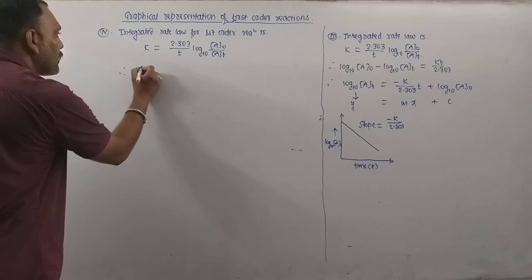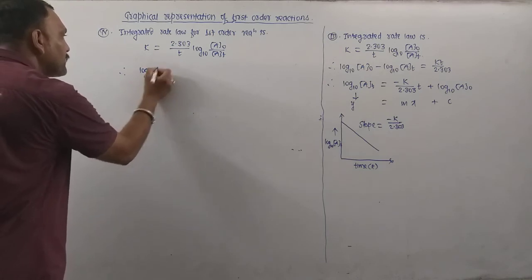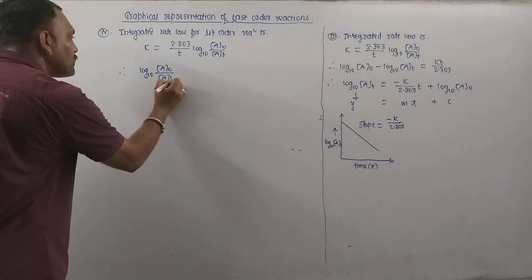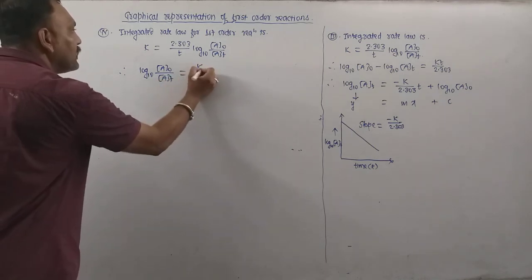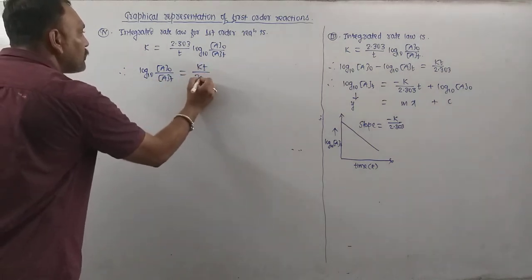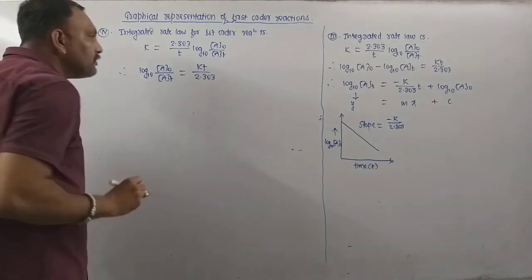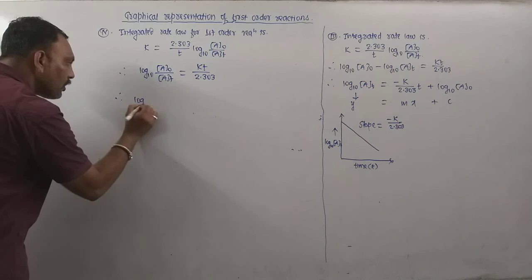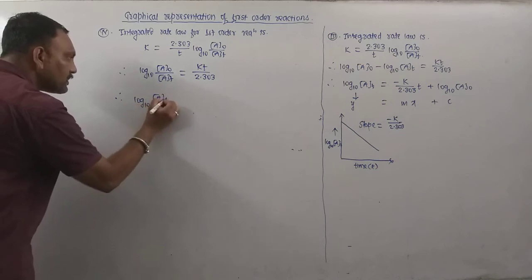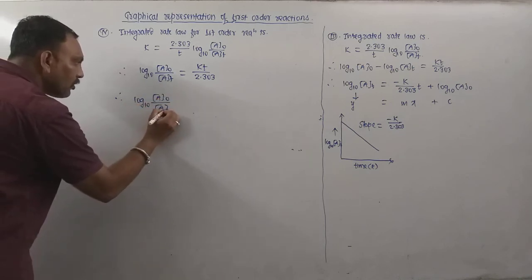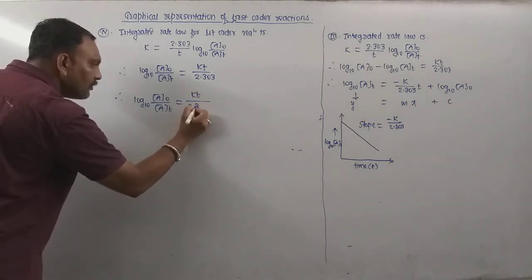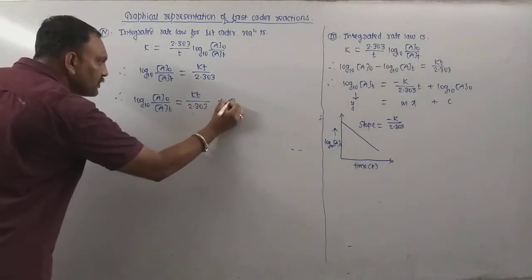This can be further given as log base 10 concentration of A naught upon concentration of A at t is equal to kt upon 2.303, which can be written as kt upon 2.303 plus 0.